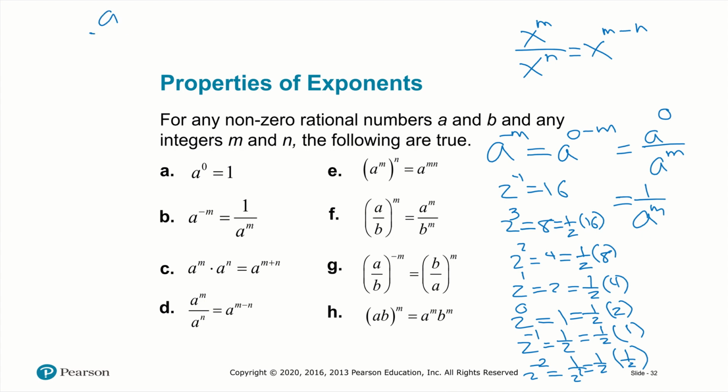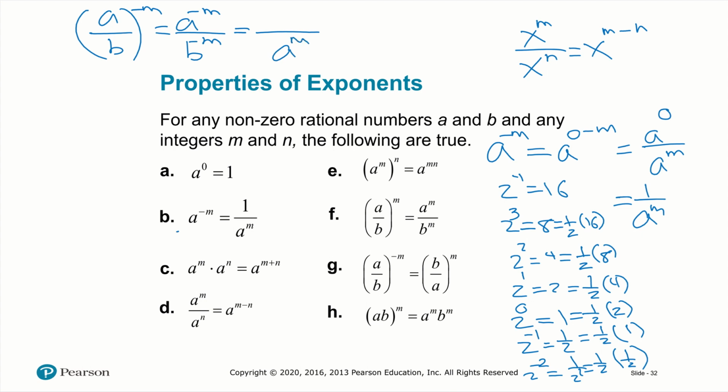Let's look at a over b to the power of negative m. Now, using this property, we know that that's just a to the negative m over b to the negative m, right? Now, this rule tells me that I can move the a to the negative m downstairs and make it a to the m.